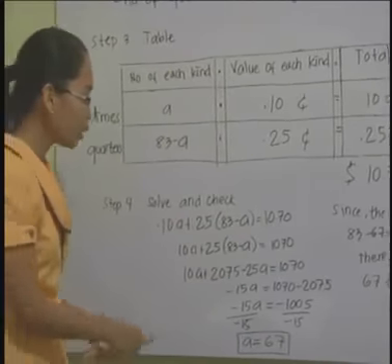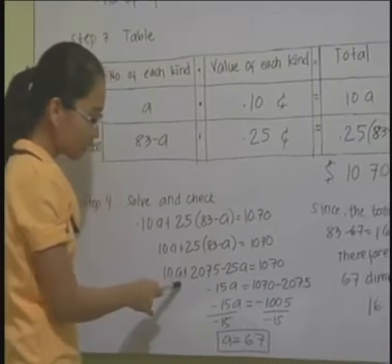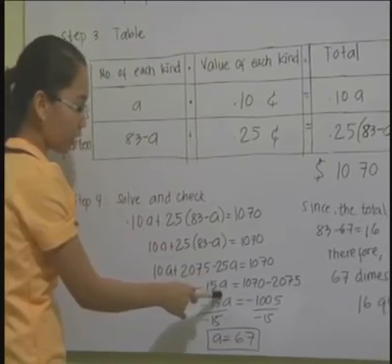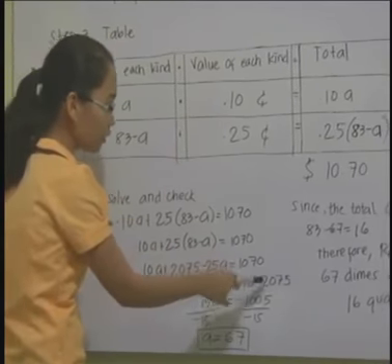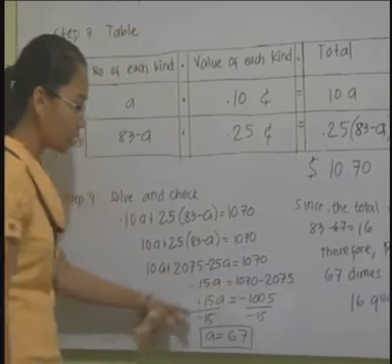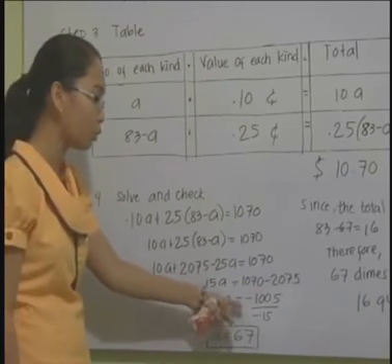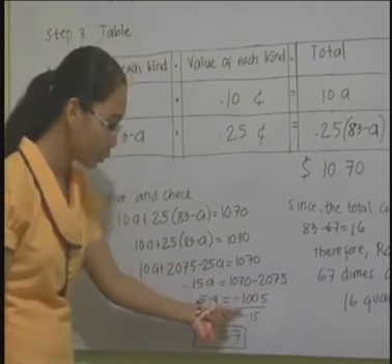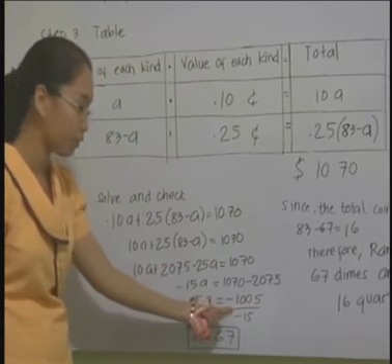Now we combine like terms: positive 10A minus 25A is negative 15A, equal to 1070 minus 2075. So negative 15A is equal to negative 1005.